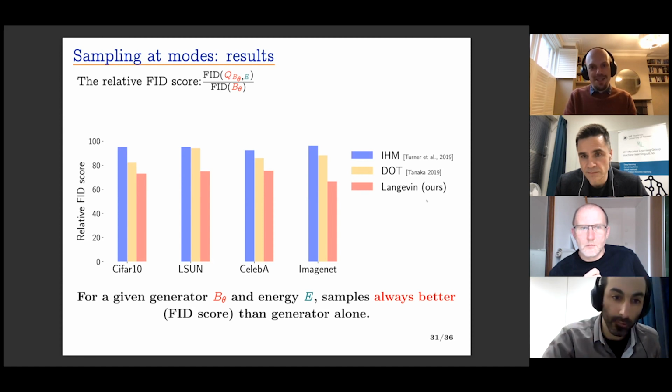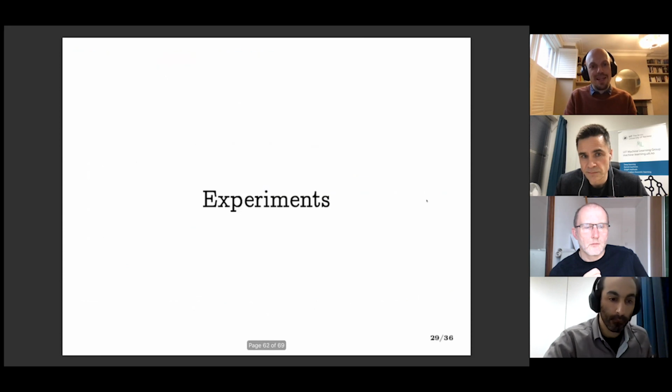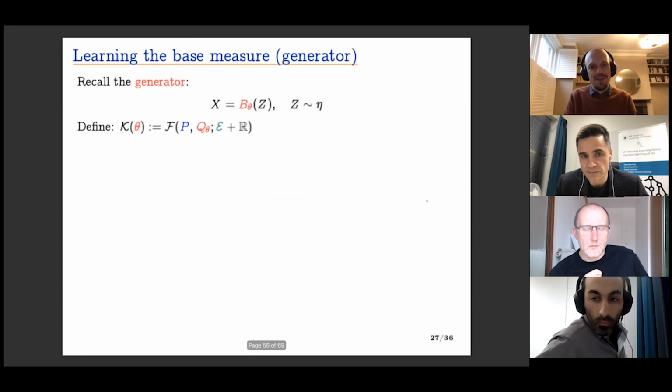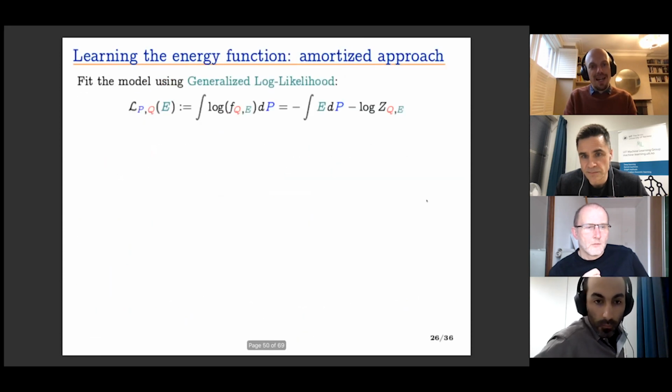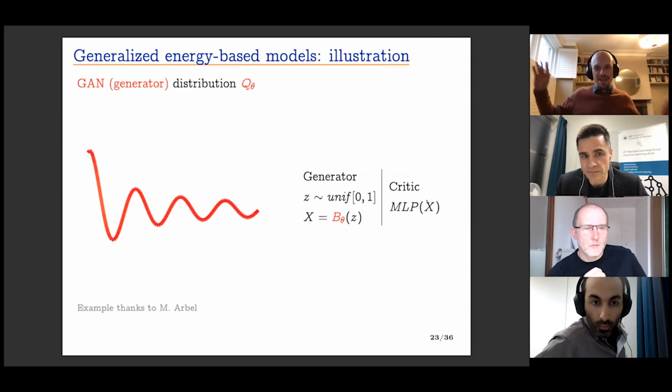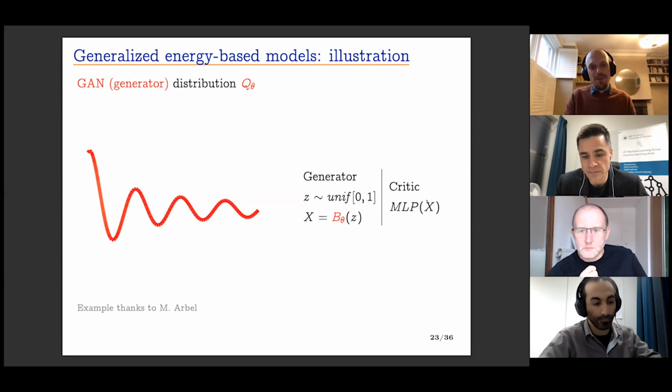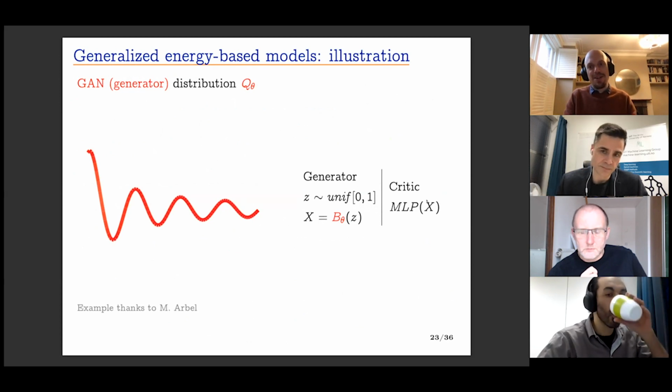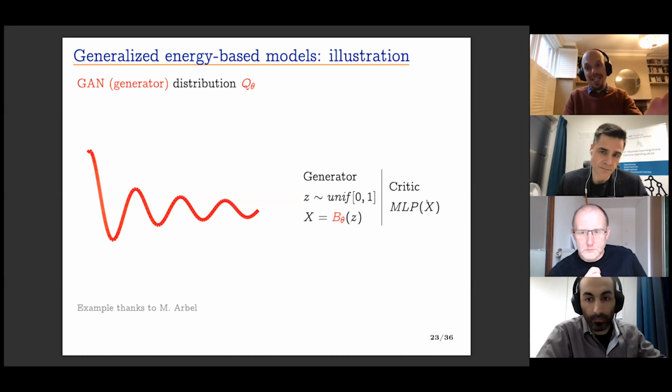Yeah, so this is a very good question, and I think it's somewhat of an open question even, in the sense that one limitation of this whole talk is that we rely on the generator architecture to place the mass. Given where the generator has placed mass, the energy function can put more or less weight.